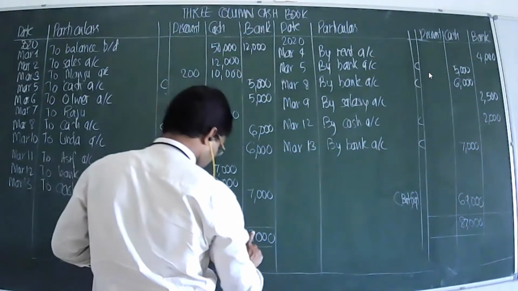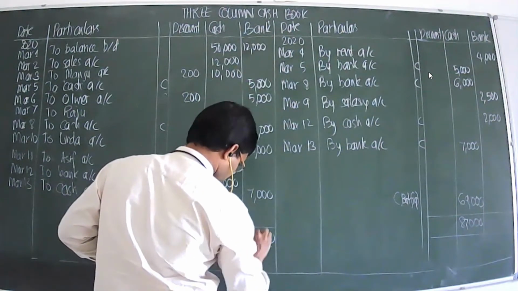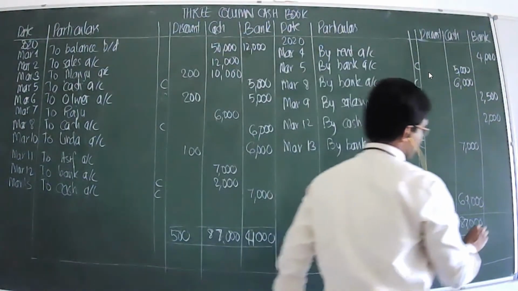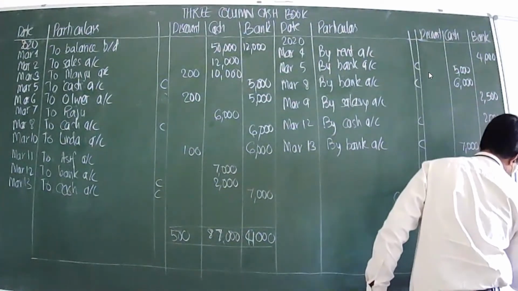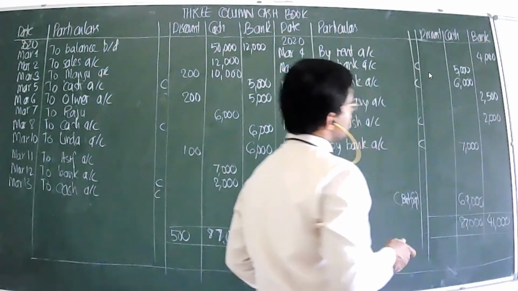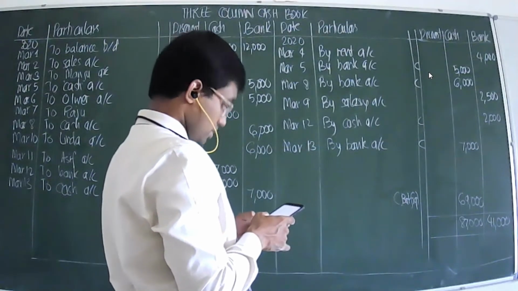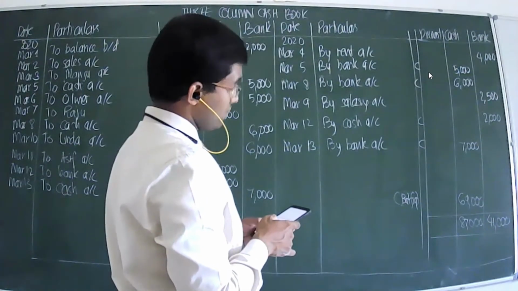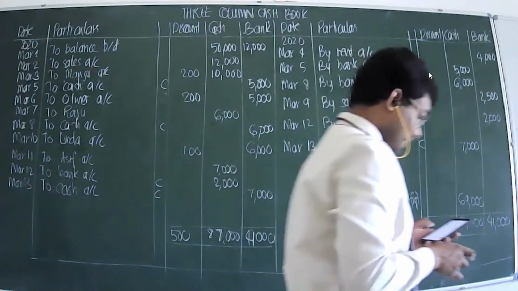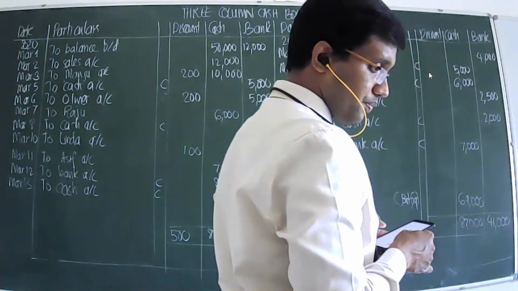Okay, so 41,000 is your total here, which means here also it has to be 41,000. Okay, but here it is not 41,000. So 4,000 plus 2,500 plus 2,000. So 8,500.